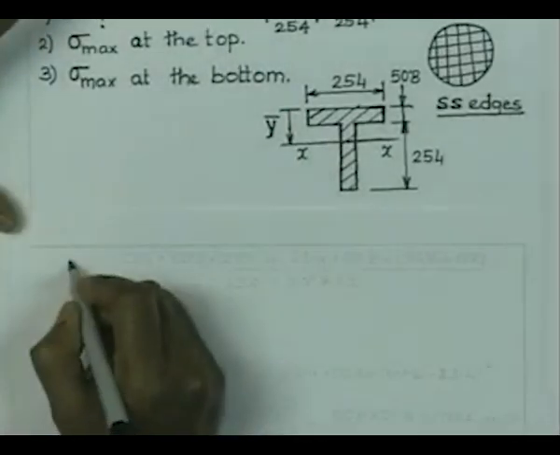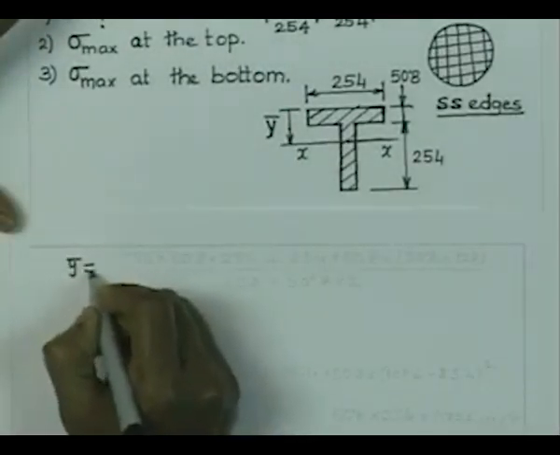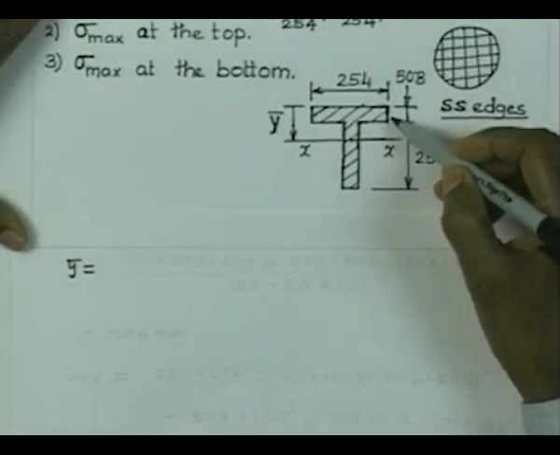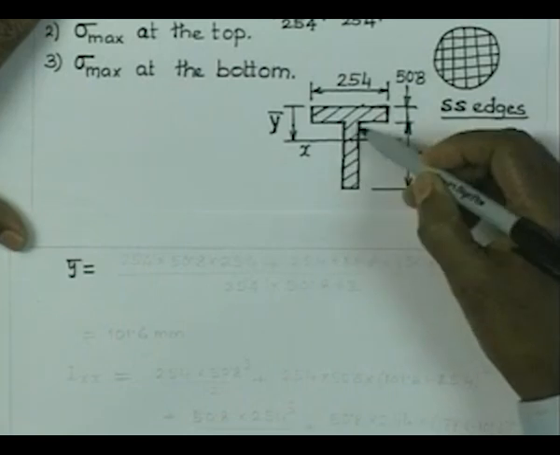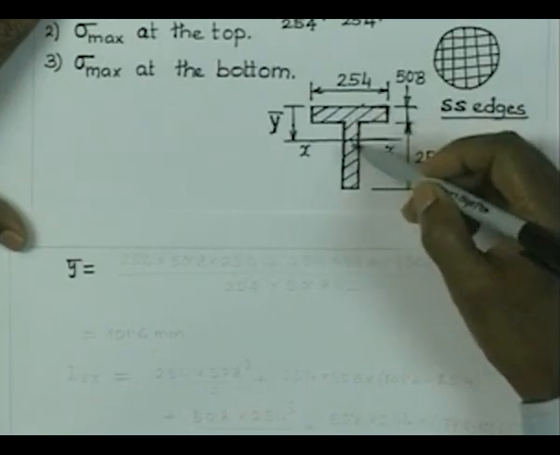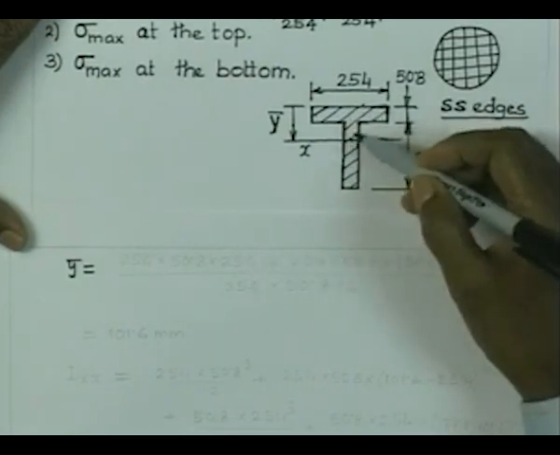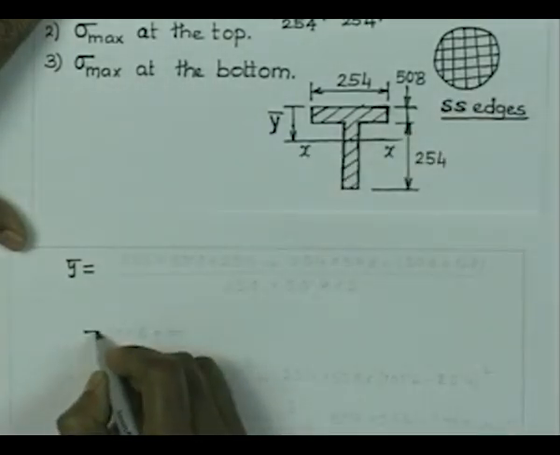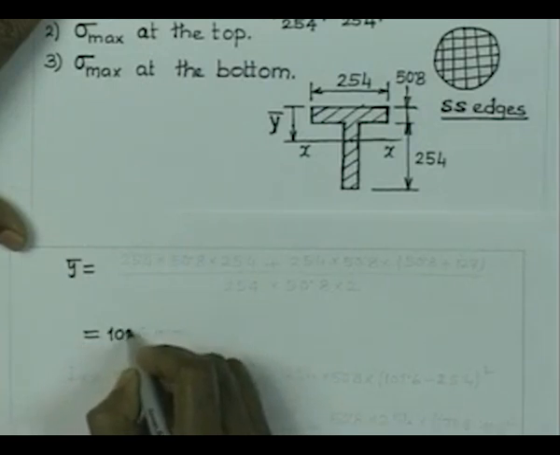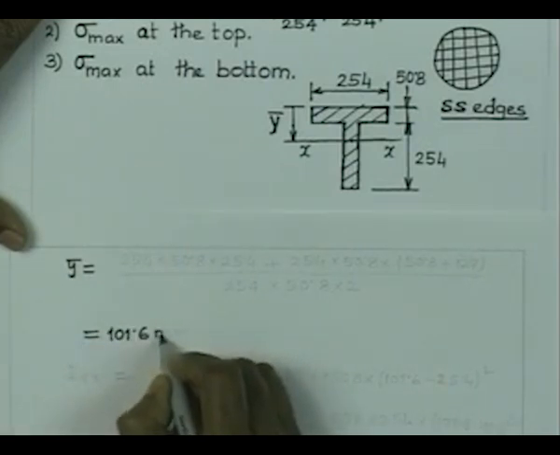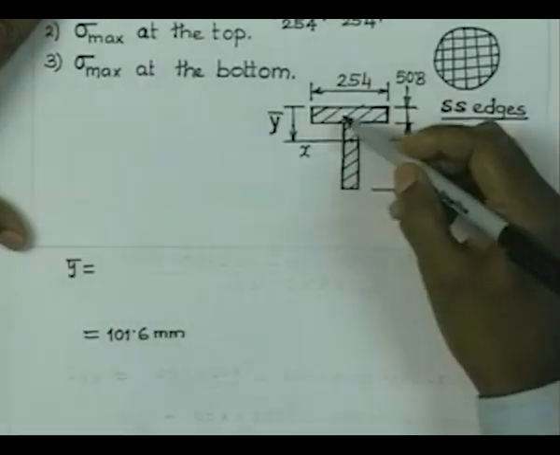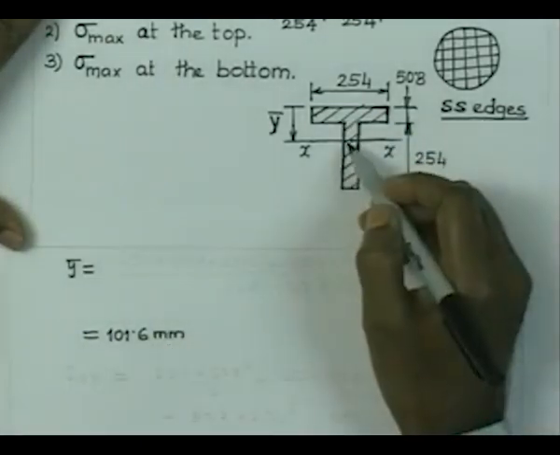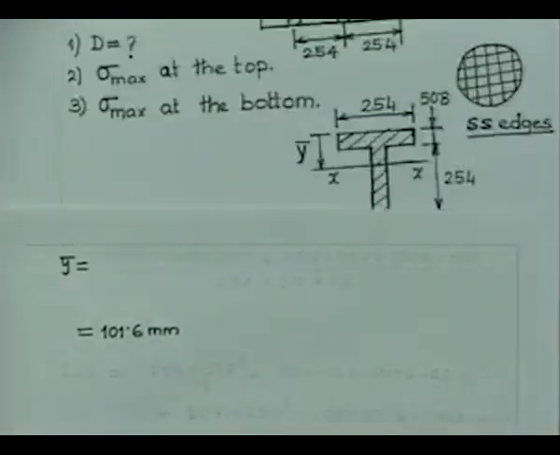We calculate the CG distance y bar by considering the moment of this portion about this base, plus the moment of this portion about this base, divided by the total area of these two segments. That gives us y bar as 101.6 millimeter. So, therefore, this CG is located at a distance of 101.6 millimeter from the top.